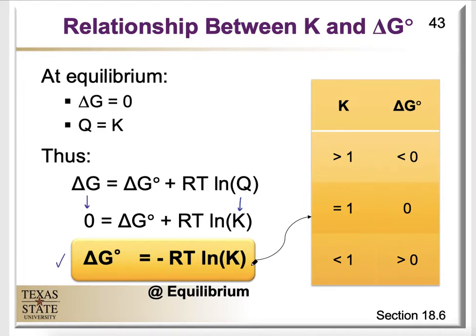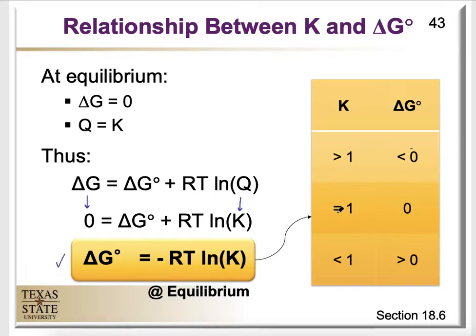And it would enable you to predict the delta G. So here what I want to look at is what happens if my K, my equilibrium constant, is greater than 1. If the K is greater than 1, that means that my products are present in higher concentration than my reactants, right? And notice that that gives you a delta G that is negative. That means that systems in which your K is greater than 1 are going to be spontaneous.